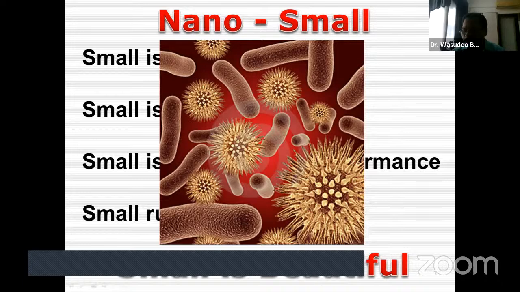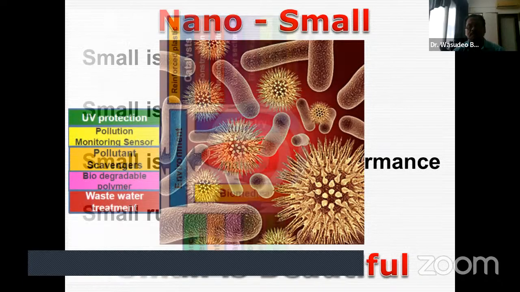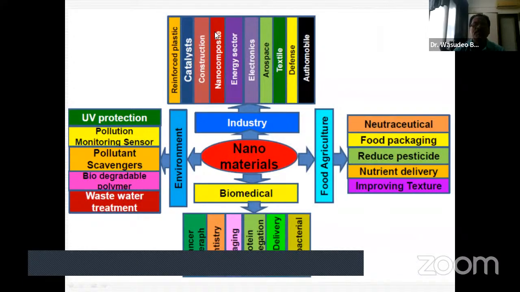So this nanomaterial is a very beautiful material, having a number of applications in different fields: food, agriculture, biomedical, environmental, for controlling pollution. We will discuss these applications in the next slide, and also industry for different fields. So these are the areas where this technology or these materials can be used.